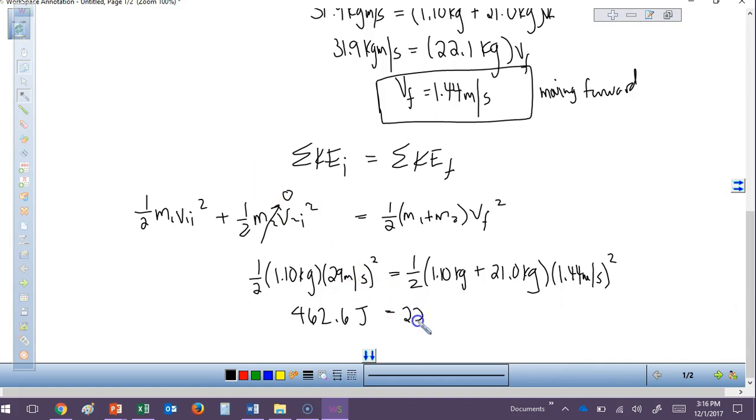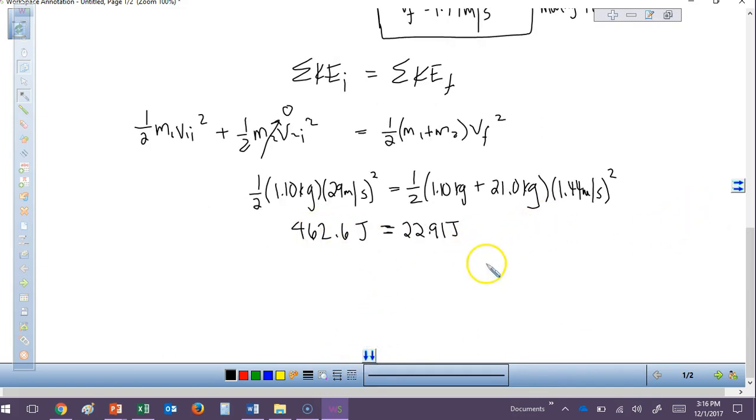I get 22.91 joules. So this is an equal sign. Hopefully you recognize that these numbers are not equal, which means kinetic energy is not conserved.